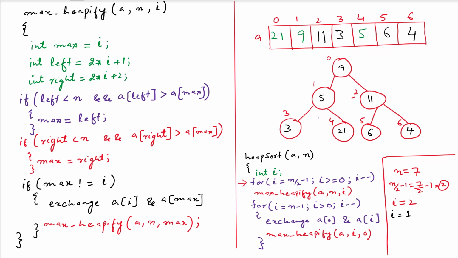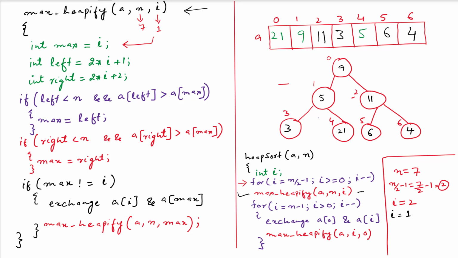Then again this max Heapify method will be called, and the control will go to this Heapify procedure. But this time the value of n remains 7, and the value of I is 1, and this value of I, 1, is assigned to this max variable.